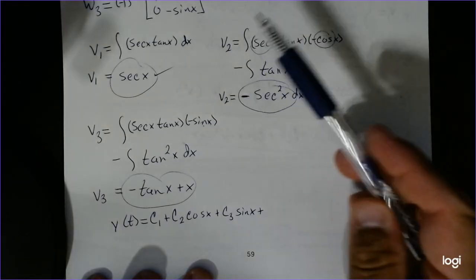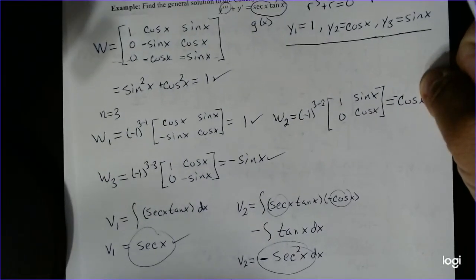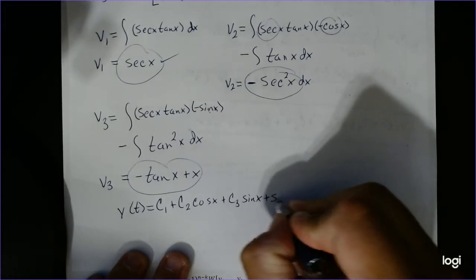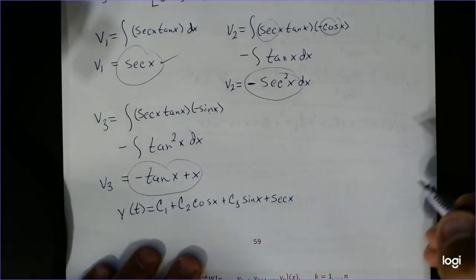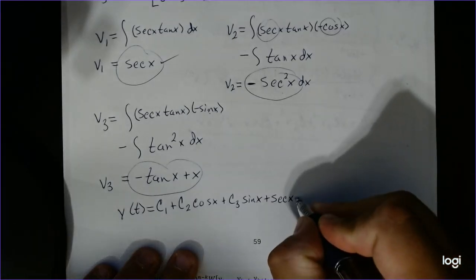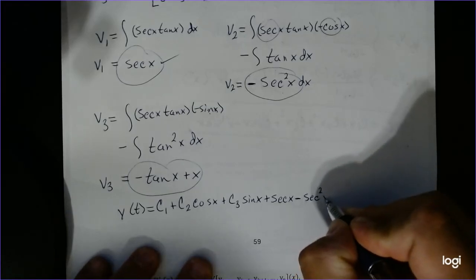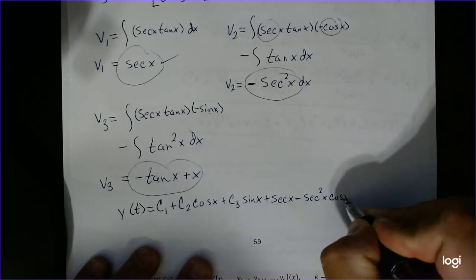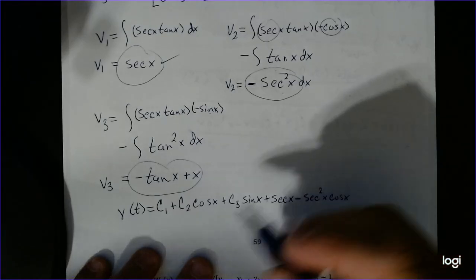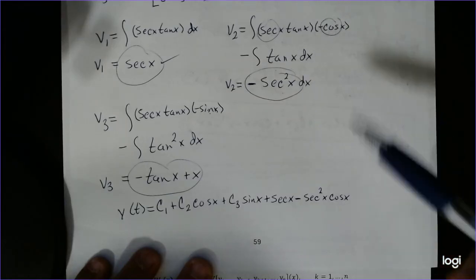First is 1. That's y1, right? 1 times this, so it's just going to be itself. Next is v2 times y2, so the negative secant. I won't simplify, just write it like that. It's already kind of messy. One of the secants and cosines will cancel, but you get the picture. And then the last one, it'd be this times y3, so sine times this.